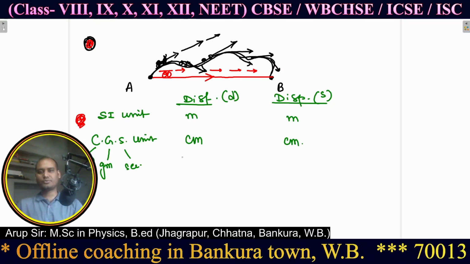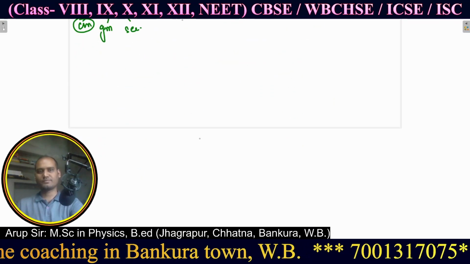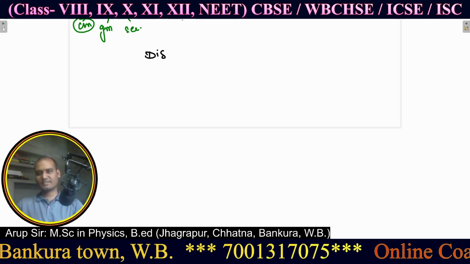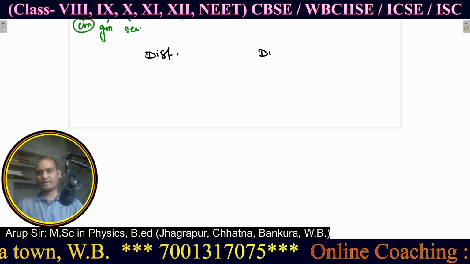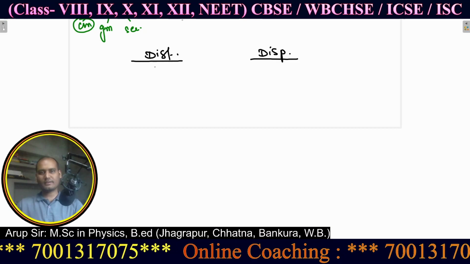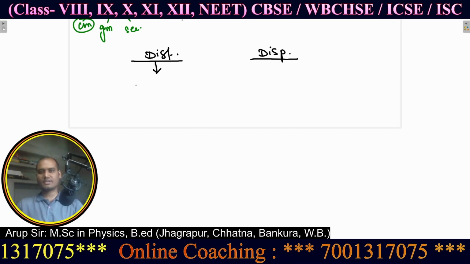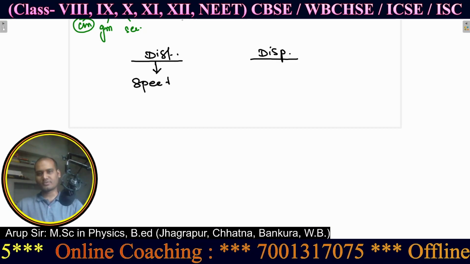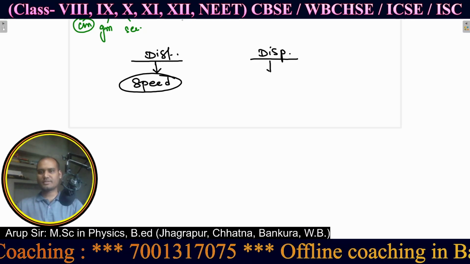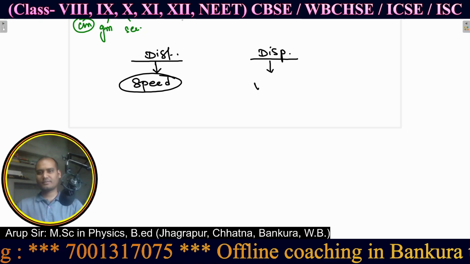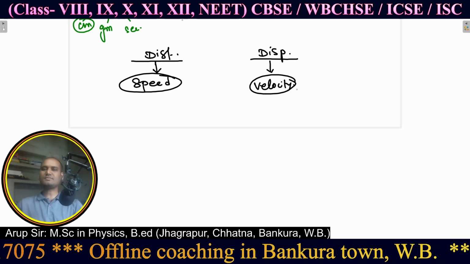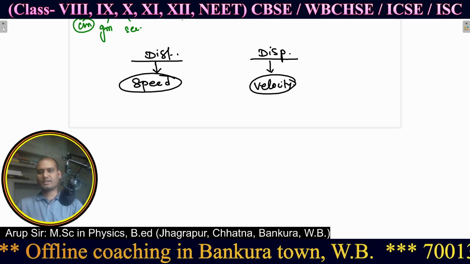Now let's come to two other terms, which are velocity and speed. Here we have distance and displacement. From distance the term speed is coming, and from displacement the term velocity is coming. So what is speed?